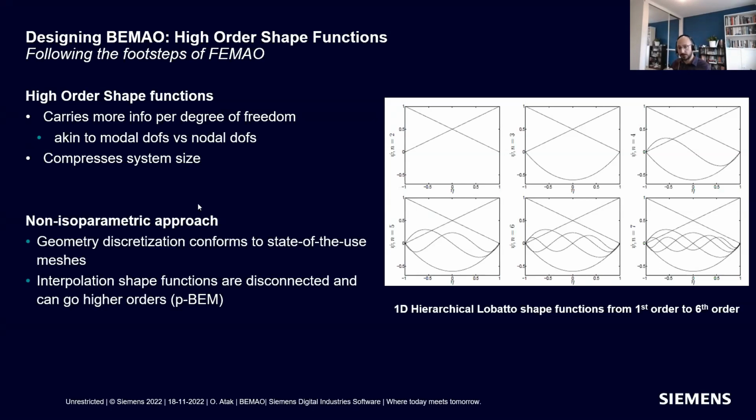We are really disconnecting the geometry discretization and field interpolation. For our field interpolation, we will use our high-order shape functions. For our geometry discretization, we will conform to the state-of-the-art meshes, preferably curved, because we want elements as large as possible, preferably second-order Lagrangian curved meshes.